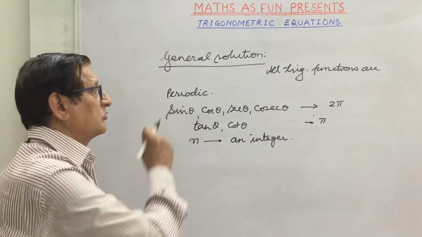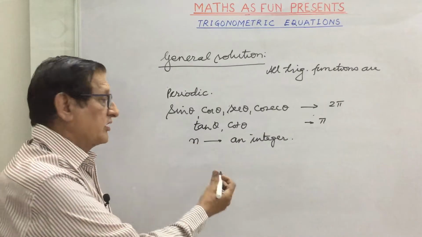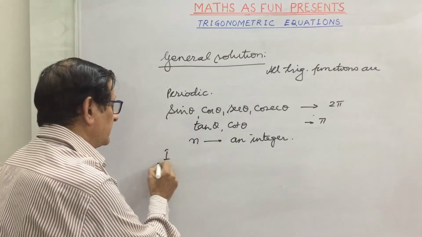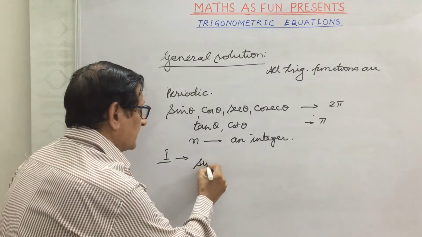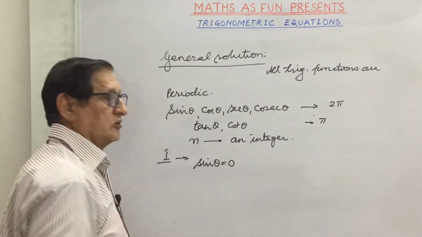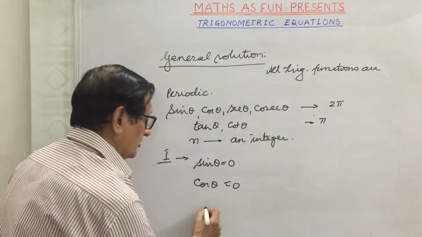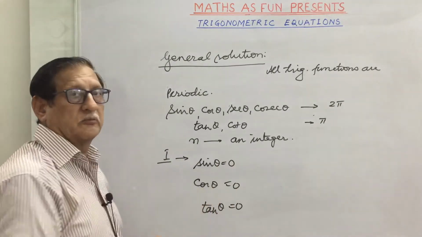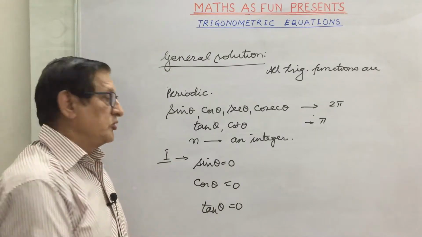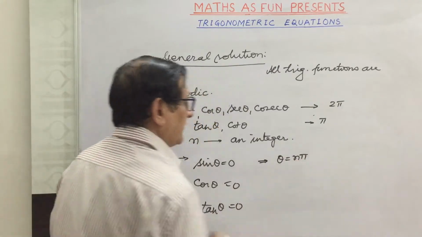When we try to find out the solutions, general solutions, we can divide this into 3 categories. The first category I am taking when sine theta is equal to 0 or cos theta is equal to 0, tan theta is equal to 0. If this type of trigonometric equations are given to you, you can easily remember that theta in this case will be n pi.